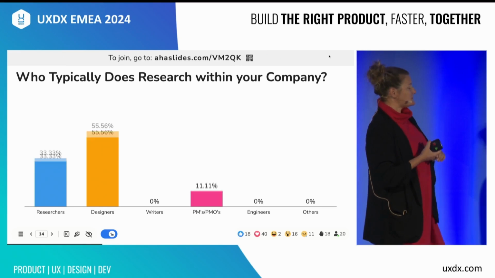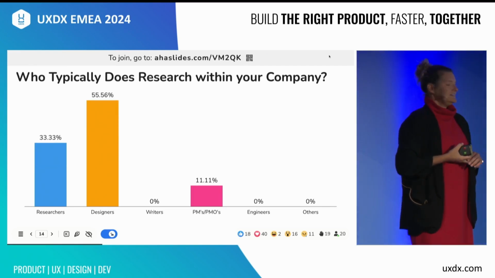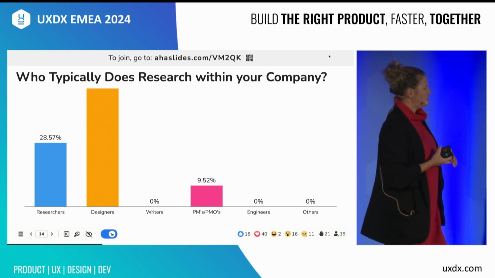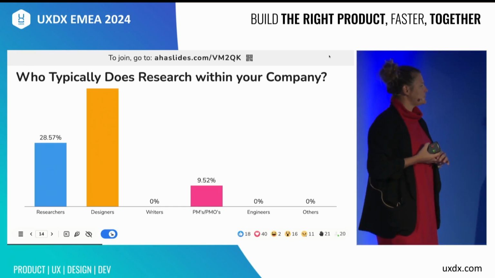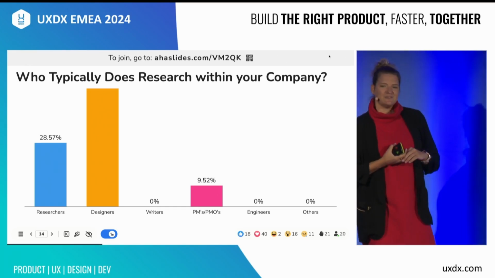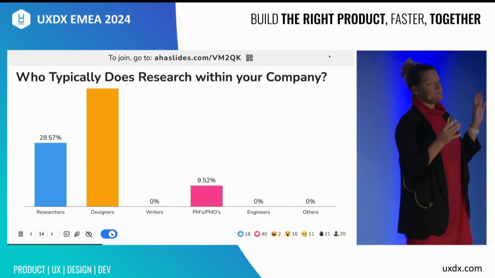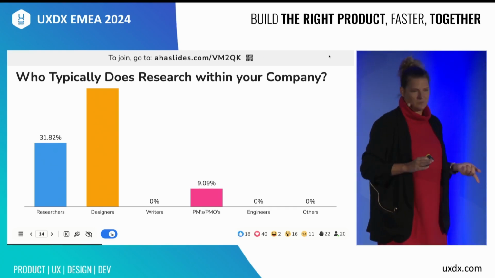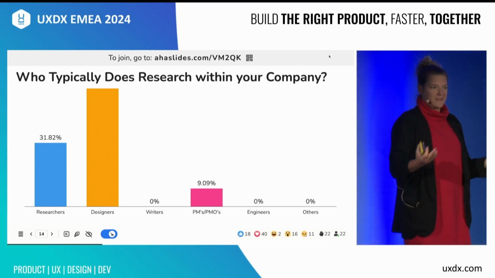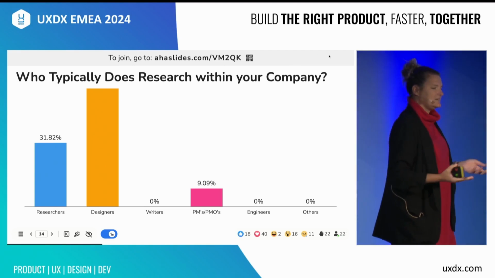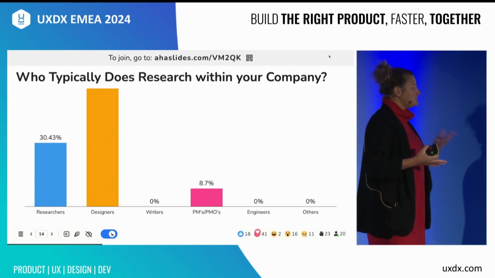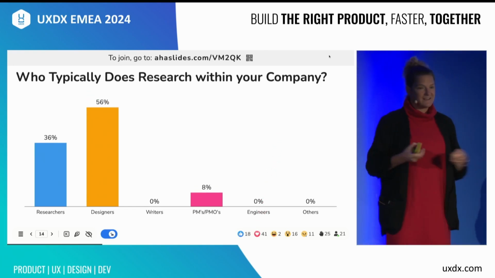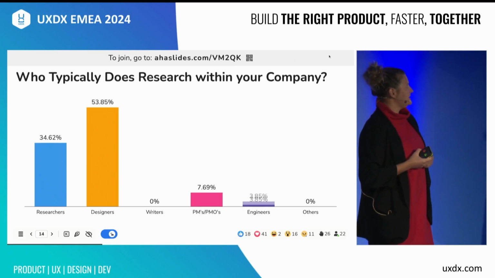We can see a lot of designers doing research. Surprisingly few PMs and POs, sorry about the typo there, PMs and POs doing research. I would dream of more. I would dream of more writers being involved as well. Copy is a super important part of the product, of the end result of your design, of your product. So if writers can be doing research as well, engineers as well. If you can get engineers involved, better.